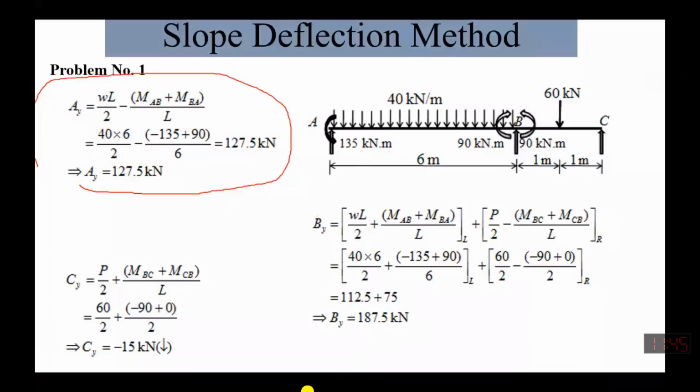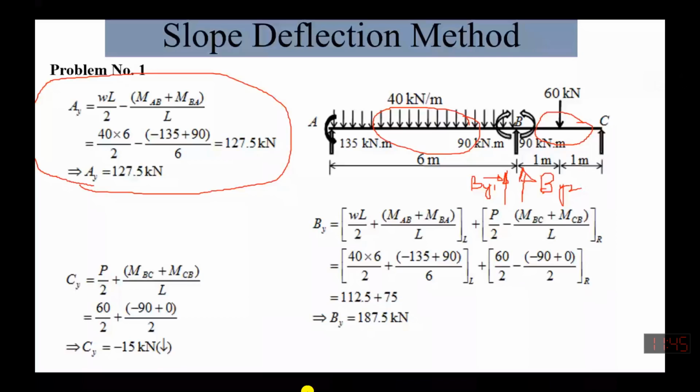Now if we go back to the reaction at B, there are two reactions at B. One reaction is due to this span and one reaction is due to the other span. So the total By will be the sum of By1, let's say, and By2.